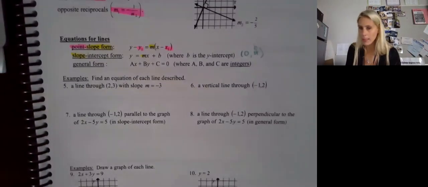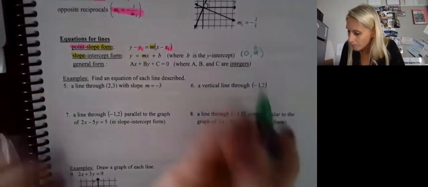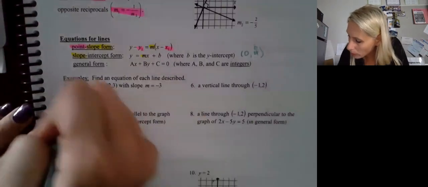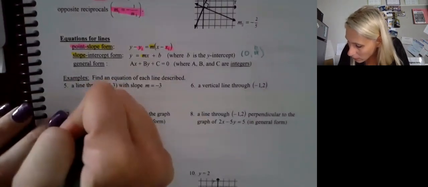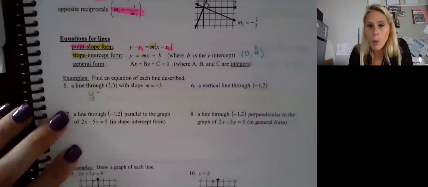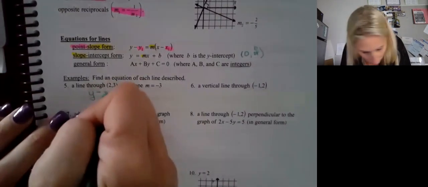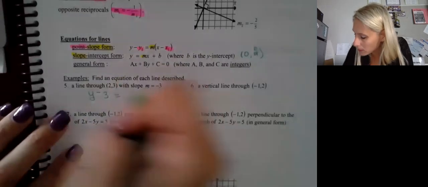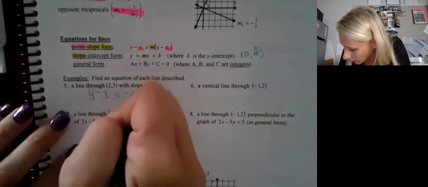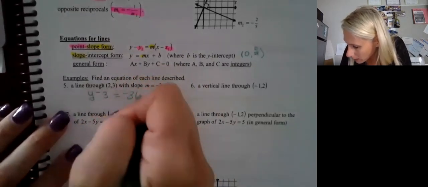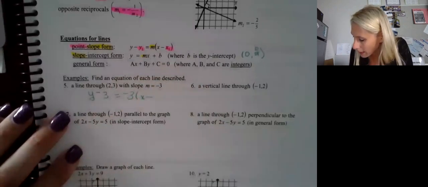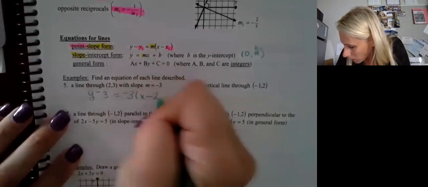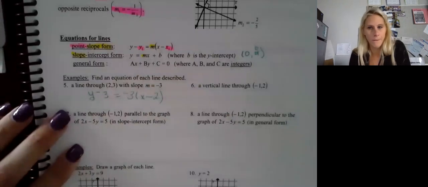Sorry guys, that was my light, so now I'm in the dark. All right, so we get y minus y1, which in this case is 3, equals, and then we have our slope comes next, which is negative 3, times x minus, and x1 is 2. And we are done. Okay.